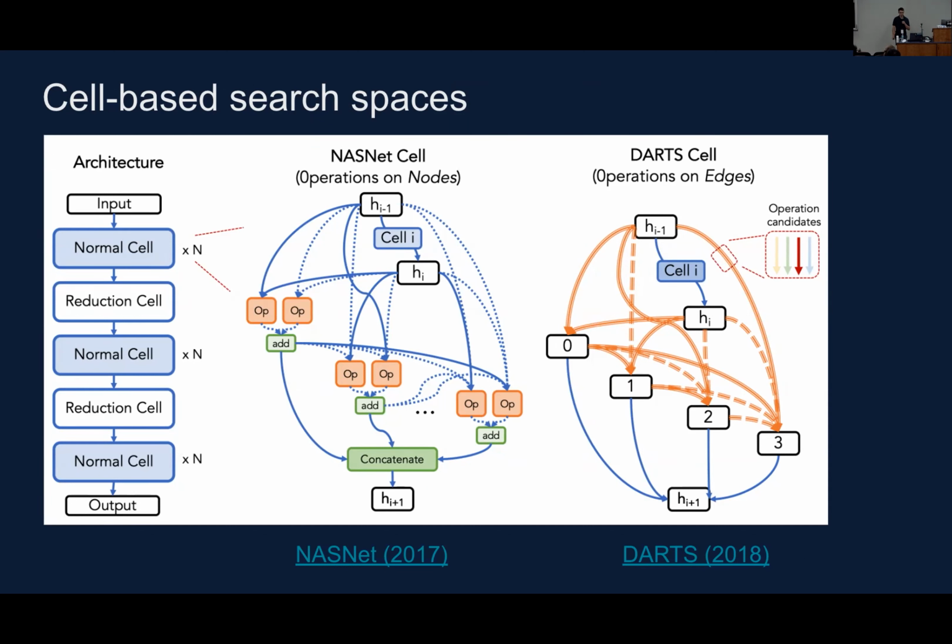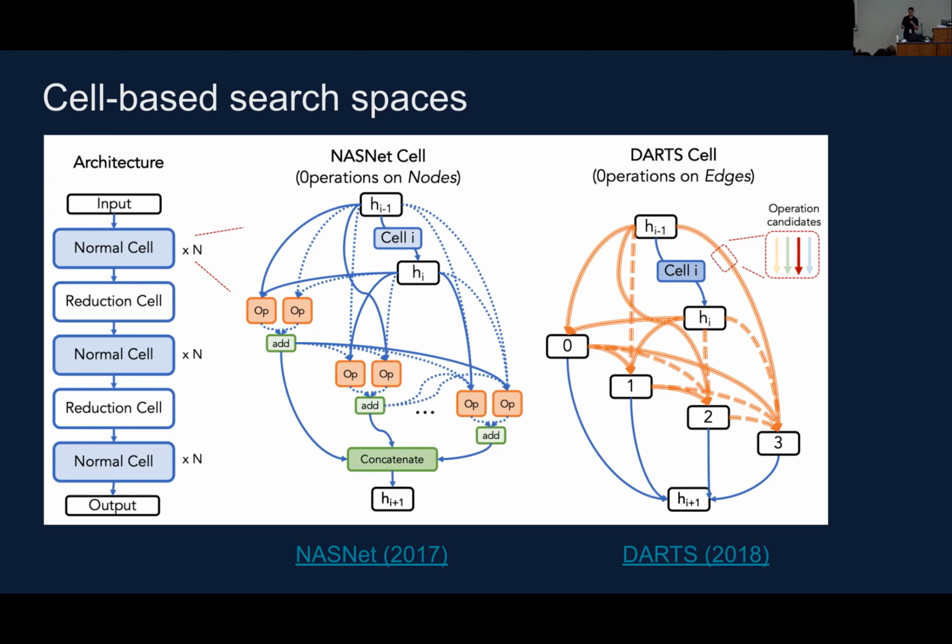So the solution that people came up with is cell-based search spaces, which gives us the best of both worlds, because the idea is that we search over a relatively small cell of maybe at most 10 operations, but then we stack it many times on top of itself so that we get a very powerful, large, deep network. So the search computation is tractable, but we still get a very high performing architecture in the end.